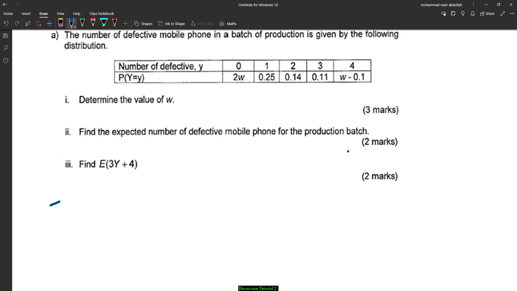So remember, the summation of all probability should be equal to 1, right?